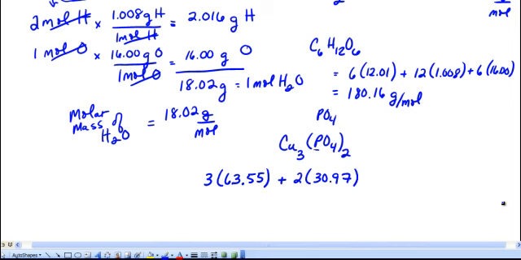And you have 2 times 4 gives you 8 oxygens at 16 apiece. And so when you take your 3 times 63.55 plus 2 times the phosphorus, plus the 8 oxygens, I'm getting 380.59 grams per mole as being the molar mass of copper 2 phosphate.